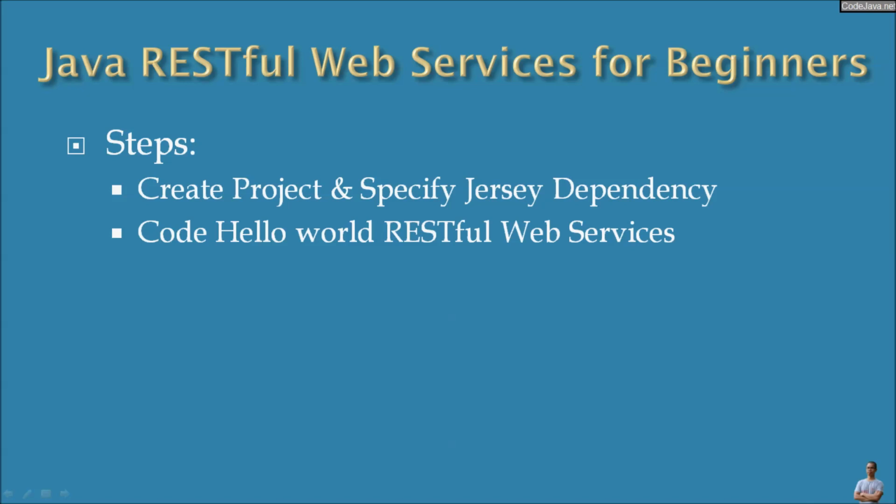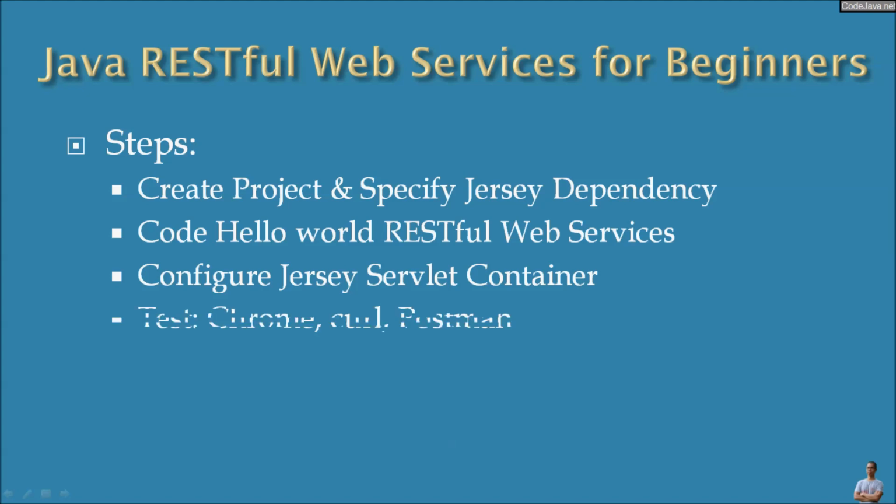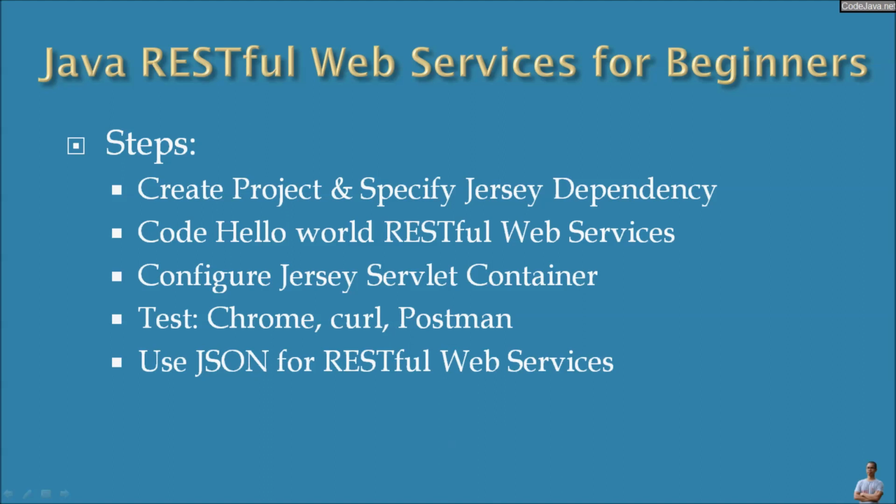Then we code a hello world RESTful Web Services, and then we configure the service container, and we will test our RESTful Web Services using Chrome, CURL, and Postman. And also we guide you how to use JSON for RESTful Web Services and code a web service client program to consume the web service.